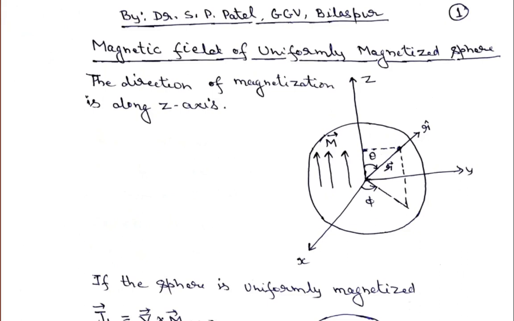Then in the next lecture, I discussed the physical interpretation of volume bound current density and surface bound current density. We learned that if a material is uniformly magnetized, then the volume bound current density is equal to 0 because the internal currents cancel each other.